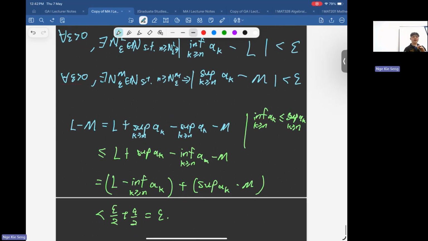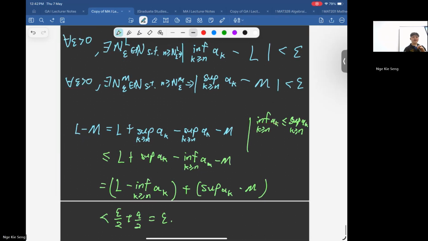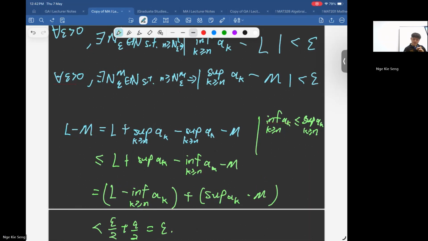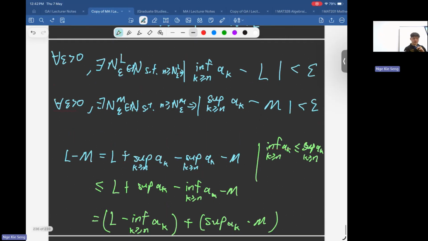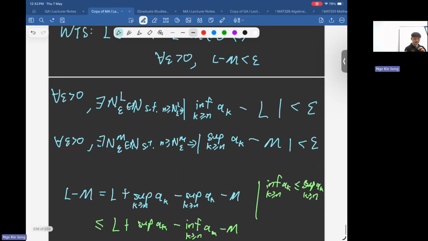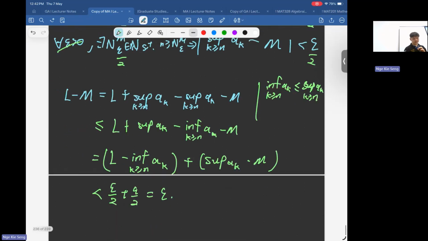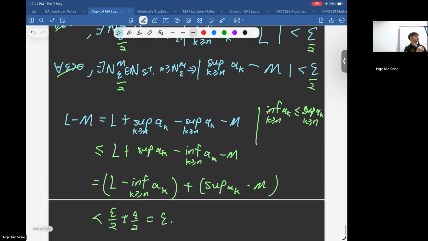Can we do that? Yeah, that's the point. So in this case, what can you do here? So maybe you can pick. So from here, maybe you can fix epsilon greater than 0. So you pick epsilon over 2 such that these difference bound by epsilon over 2, then you can get this one. Okay. Does it make sense?